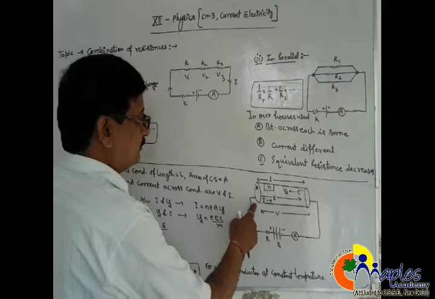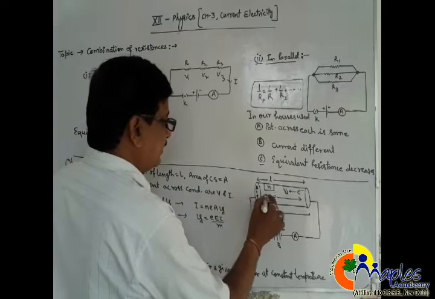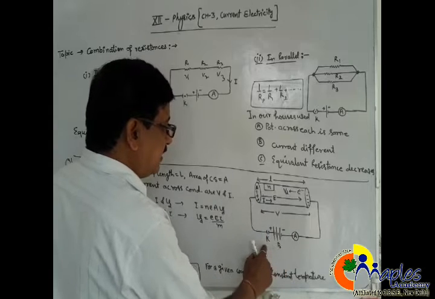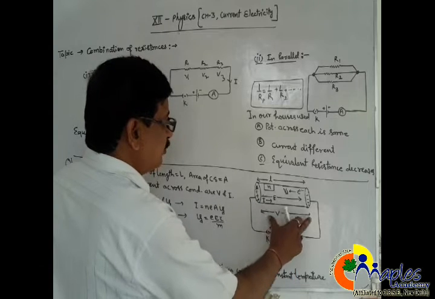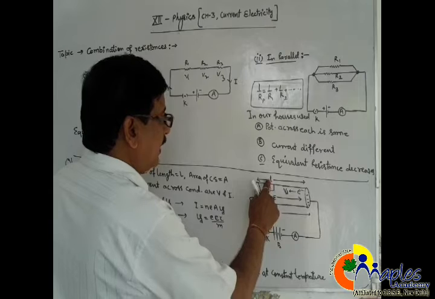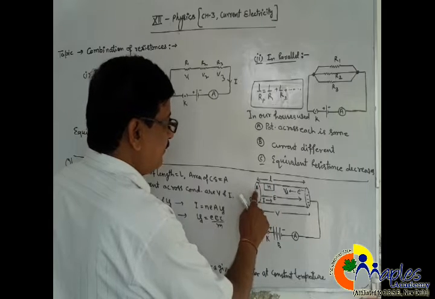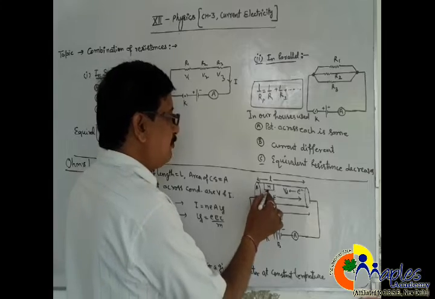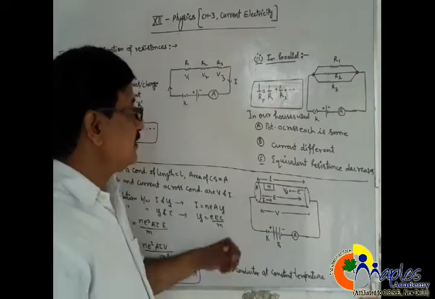Suppose we have a conductor connected to a battery, positive terminal, negative terminal, battery, key and ammeter. We apply a potential difference; the conductor has length L and cross-section area A. Suppose n is the number of electrons per unit volume of this conductor.